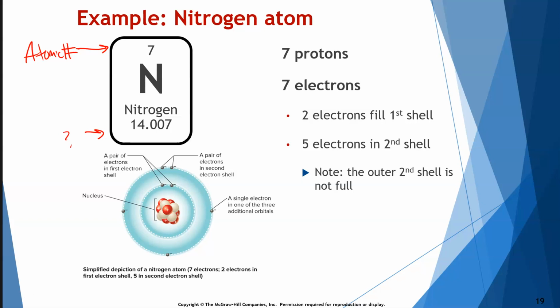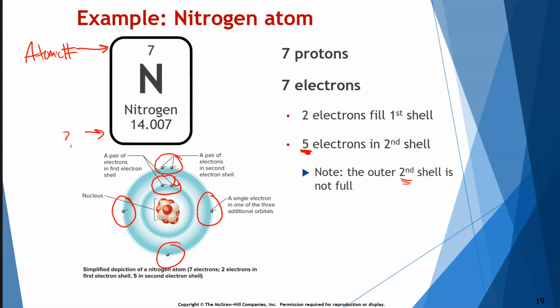So let's say we had to fill those up. We would put the first 2 electrons in this first shell, and then we would have 4 other orbitals in our second shell, in which we would place our remaining 5 electrons. Keep in mind, our second shell is not all the way full.